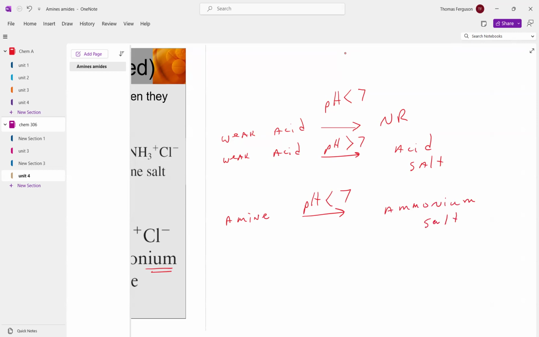So an amine in an acidic environment, you end up with the ammonium salt. Amine in an alkaline environment, no reaction. So the acids and amine bases are at opposite ends of the pH spectrum.